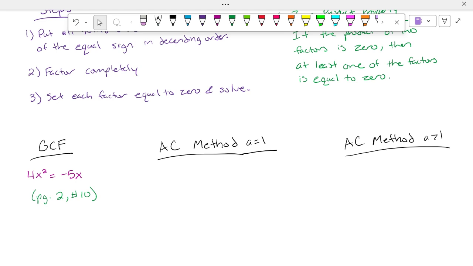AC method when A is equal to 1. The one I'm going to do is x squared minus 7x plus 12 is equal to 0. And this is page 7, letter A or number A, whatever you want to say. I don't care.